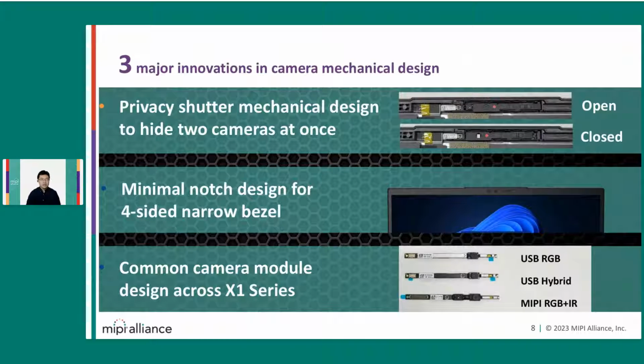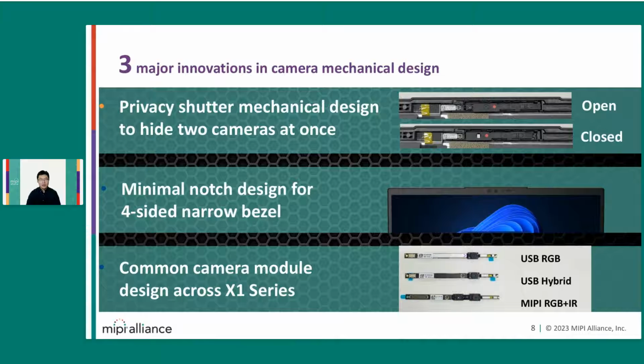Achieving this, the mechanical design is key as well. We need to hide two cameras, the RGB camera and the IR camera, so we designed a special physical shutter to hide both cameras at the same time. We also need a minimal notch design because our design has a very narrow bezel, and special effort was put in to make it look beautiful.